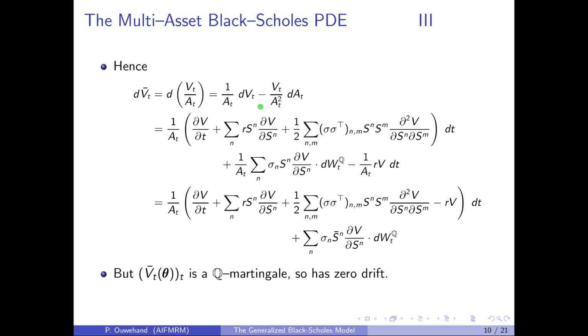Now on the previous slide, we worked out an expression for dV_t, which is given by the expressions in this bracket here and this term here. Moreover, dA_t is just r times A_t dt, and hence this expression here simplifies to 1 over A_t times r times V dt. As it is another dt term, we can incorporate this into this first bracket here and obtain the following.